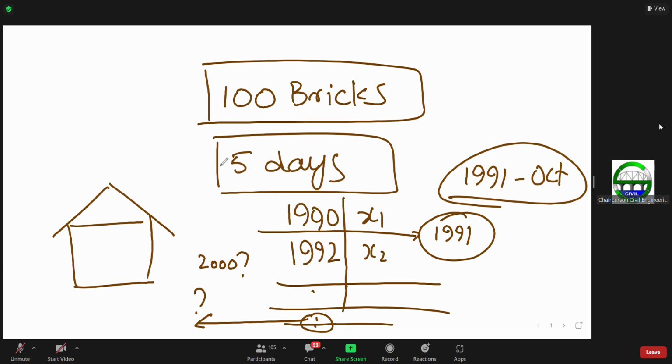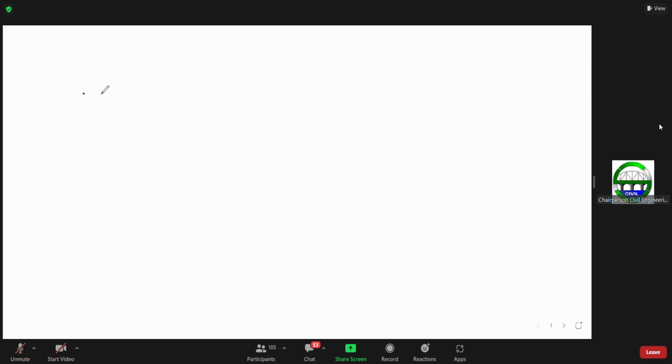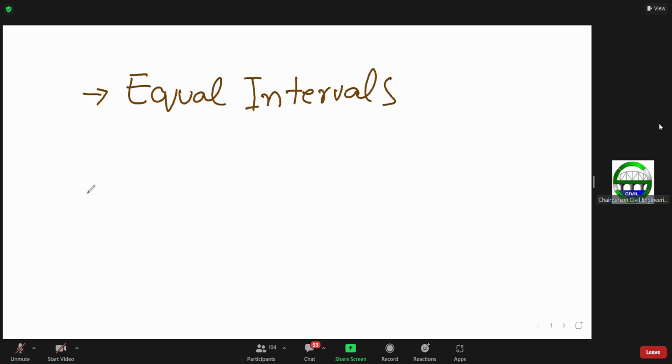In today's class, we will deal with two things. First is equal intervals, and then unequal intervals.